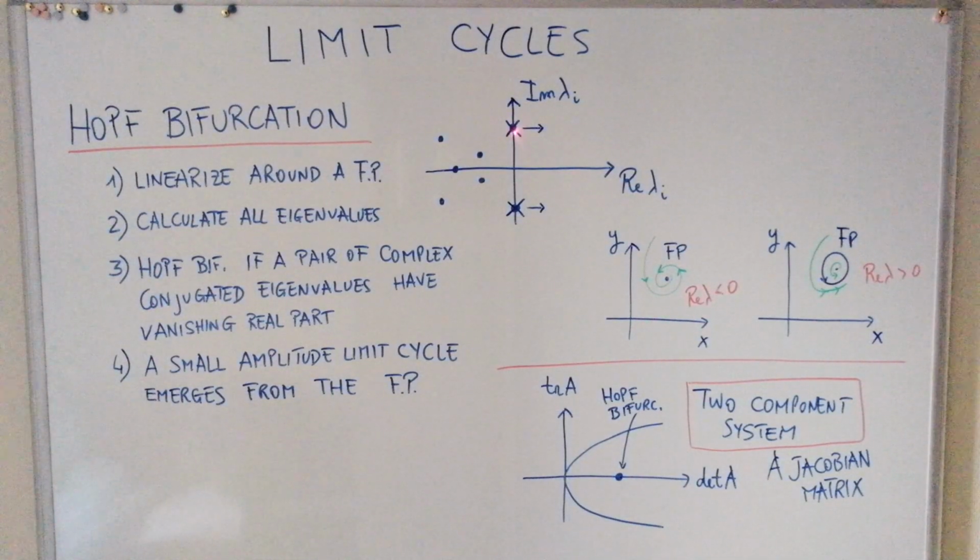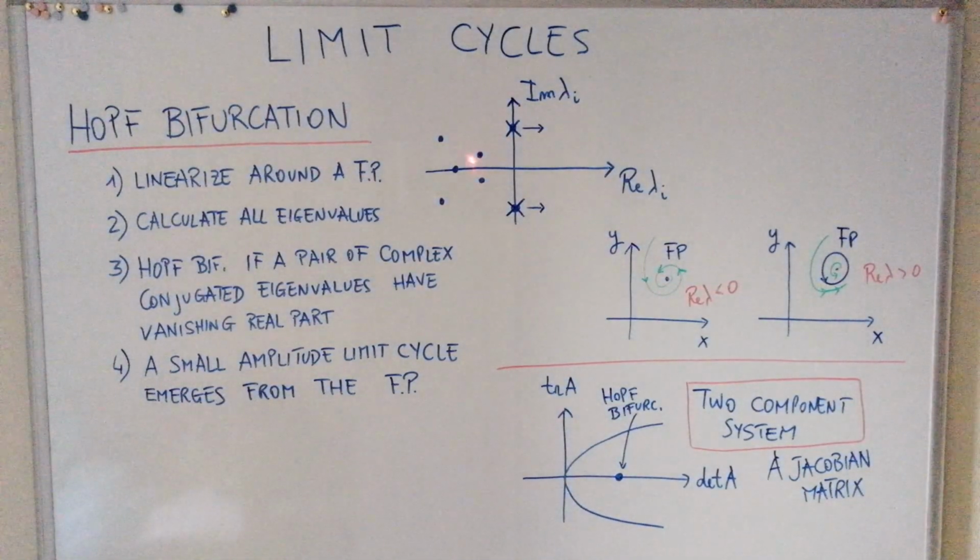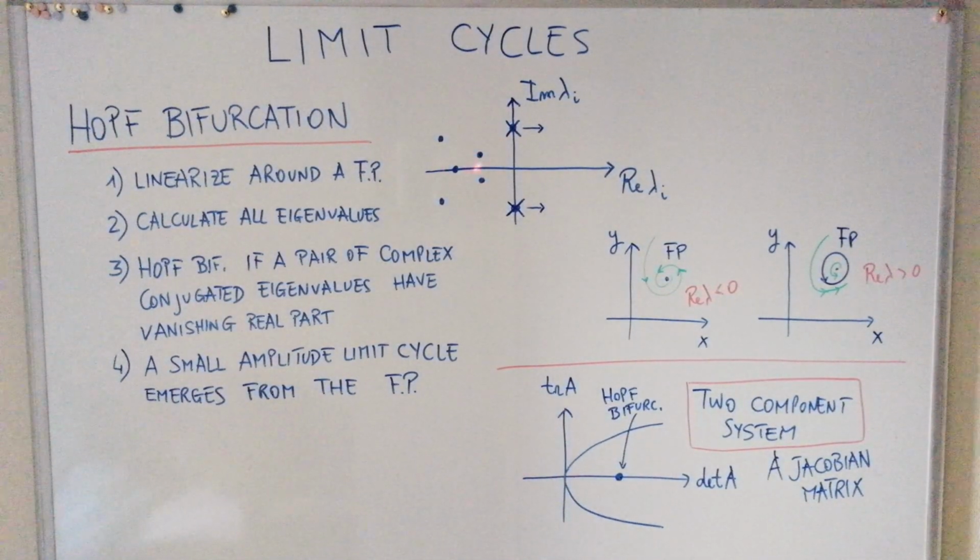So we look whether we find a pair of complex conjugated eigenvalues, and under which circumstances they have real part equal to 0. Of course we can have many eigenvalues, and typically the most interesting situation for us is that all the other eigenvalues have negative real part. It means that they correspond to stable directions.